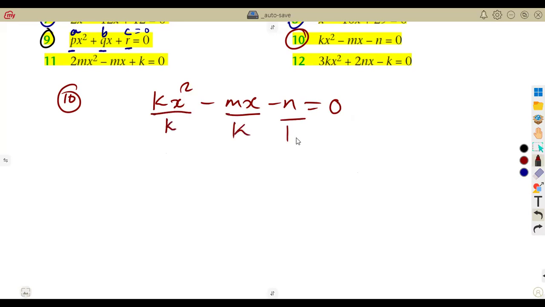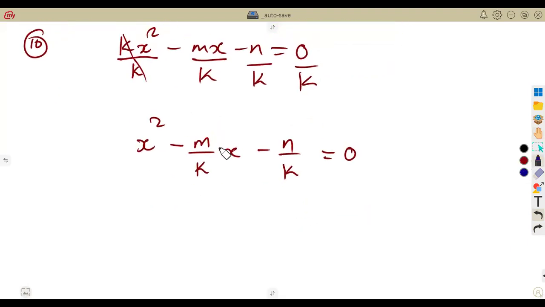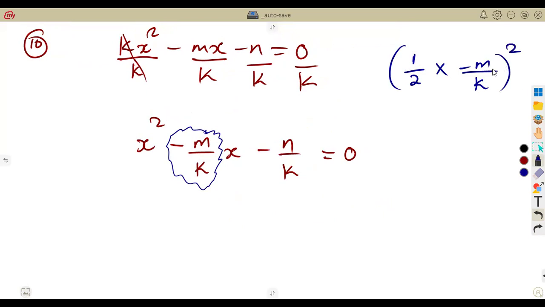So divide each and every term by k: x squared minus m over kx minus n over k. Half the coefficient of x. Considering where we have this part of x, I need half the coefficient of x. So that's half of minus m over k, that's 1 times minus m, that's minus m, 2 times k, that's 2k.